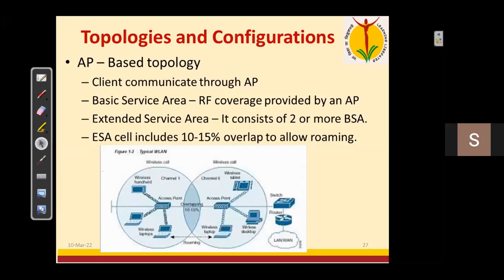If you want to cover another area, we have to extend our service area by deploying one more access point, and we can communicate through that access point in that area. In this case, certain areas will overlap for access point 1 and access point 2.